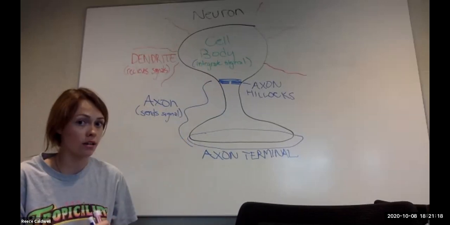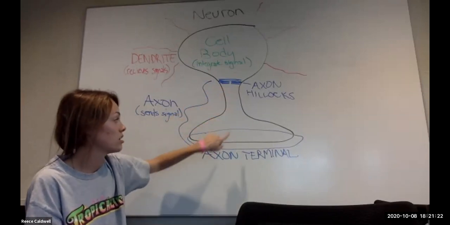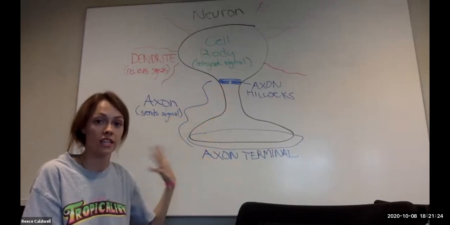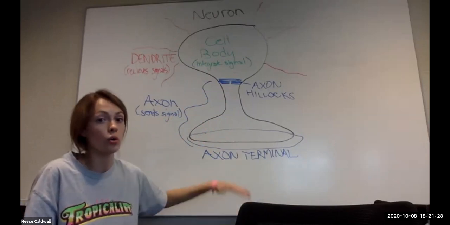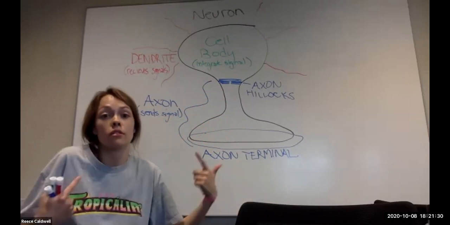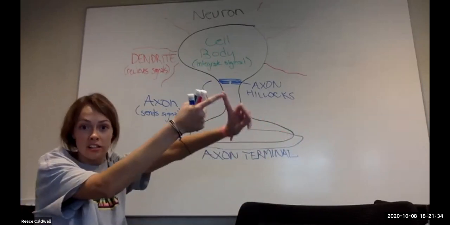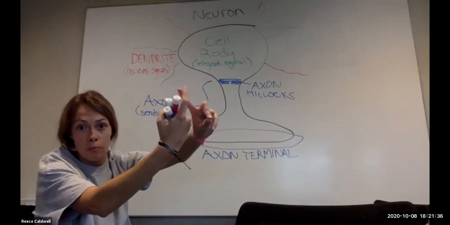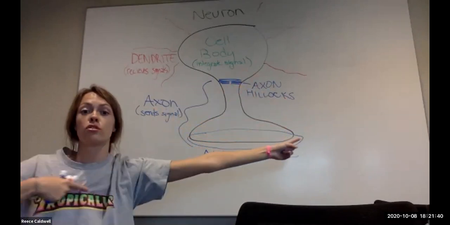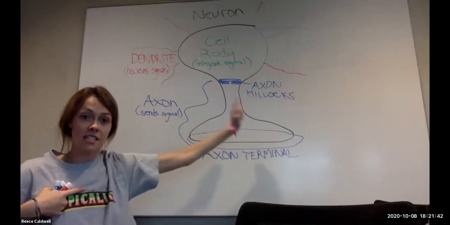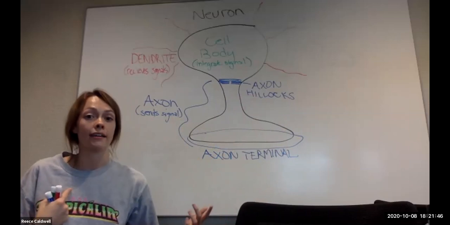If it is strong enough, it will pass the axon hillock and move down the axon, be sent out via the axon terminal to either the next neuron, or some neurons are the length of your entire arm. So the dendrites are in the tip of your finger, the cell body is in the tip of your finger, and then the axon goes all the way to your spinal cord. So these cells can be extremely long. Some are the entire length of your leg.